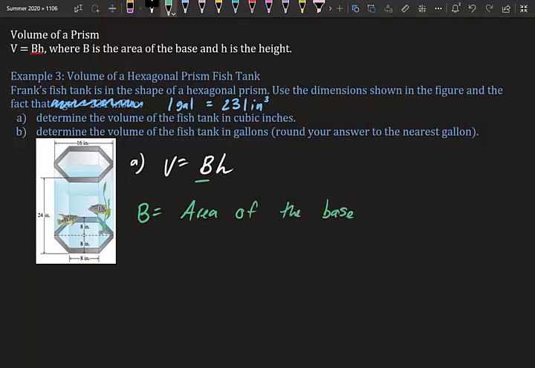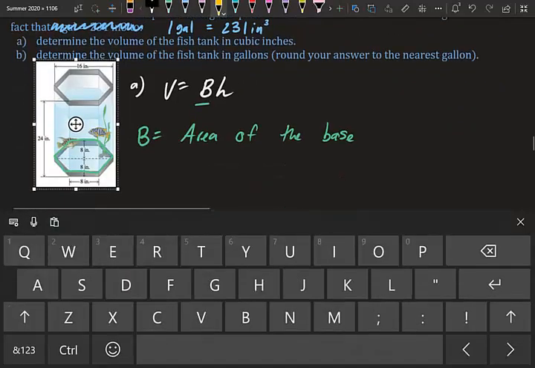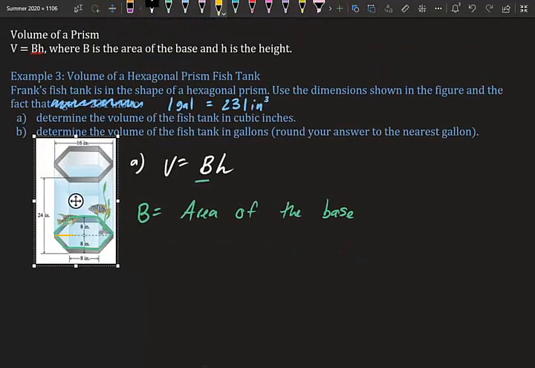So the area of the base, we're talking about this. The base is a hexagon, but I don't know how to find the area of a hexagon. That's never been a formula. So let's break this shape down. A hexagon is nothing but two trapezoids.